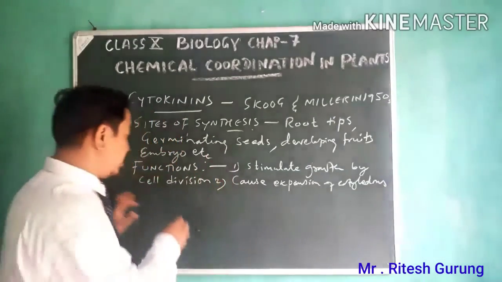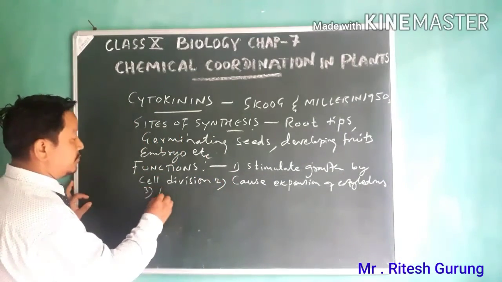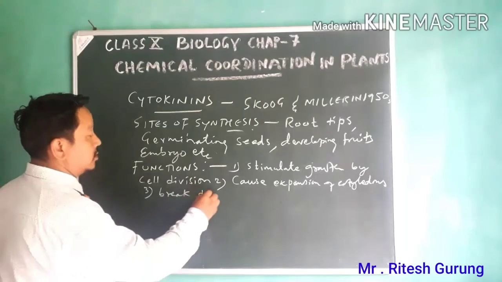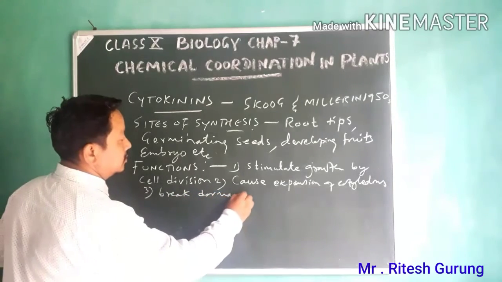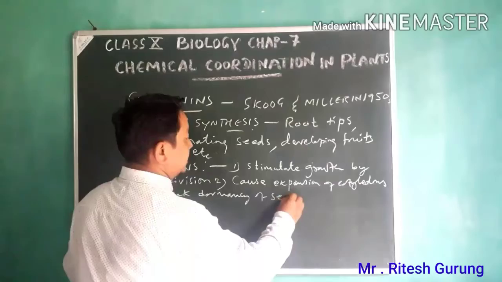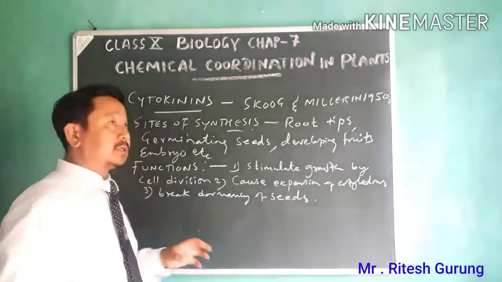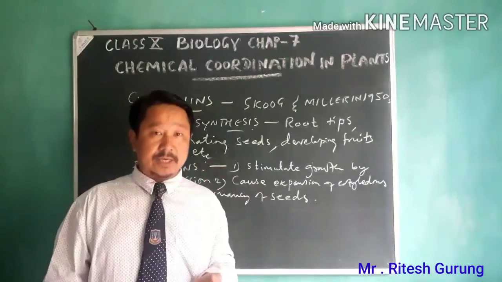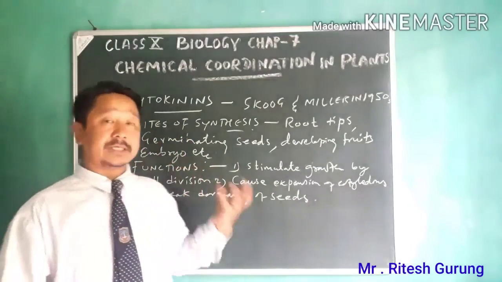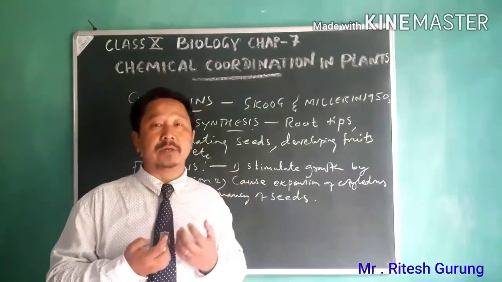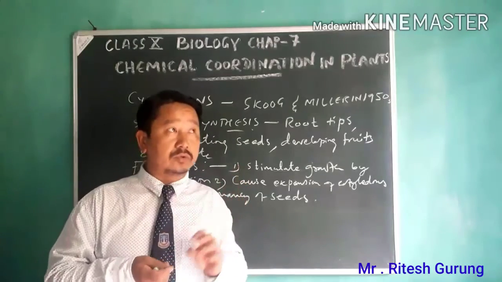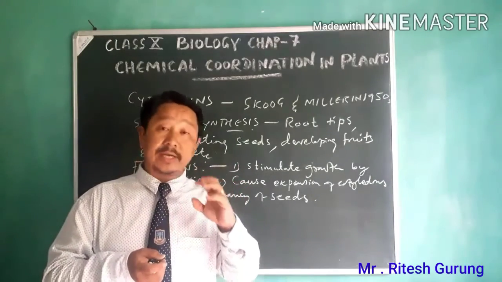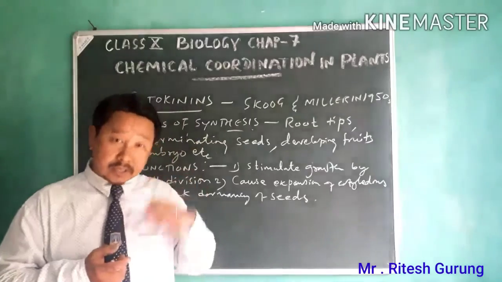Number 3, this hormone breaks dormancy of seeds. Soon after the formation of the seeds, they are not able to germinate, so they have to go through an inactive period called dormancy.